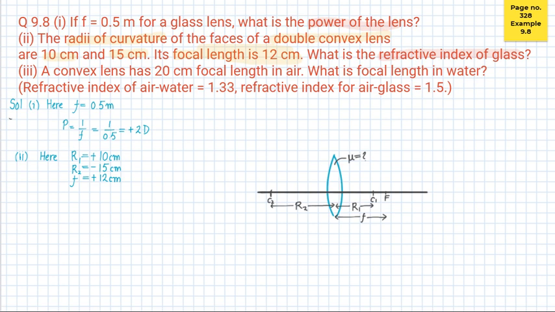Okay. Now you know power of lens P equals 1 upon F. Okay.